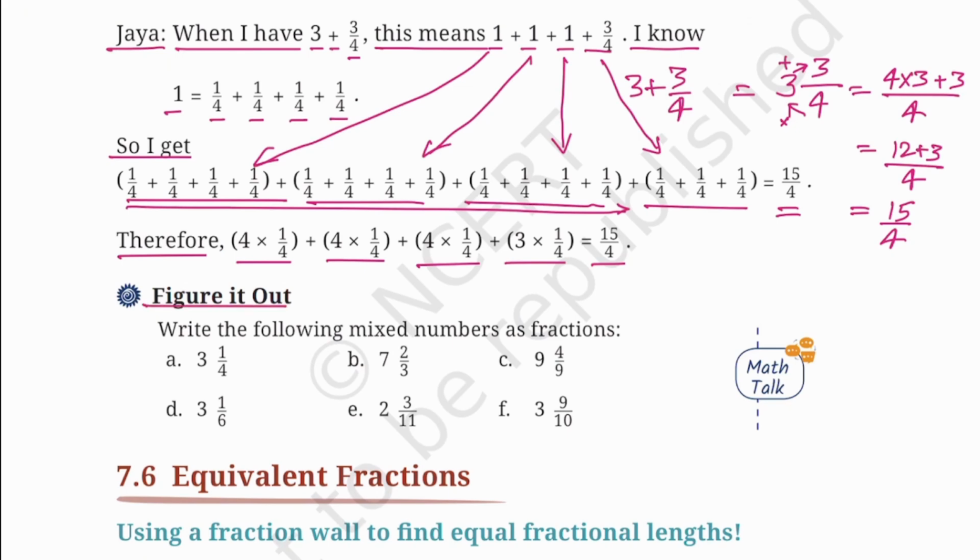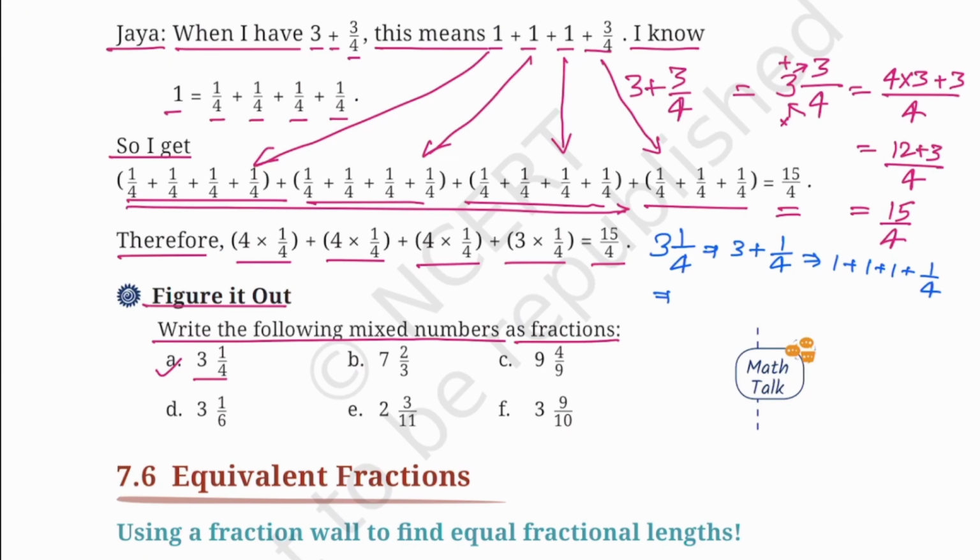Figure it out. Write the following mixed numbers as fractions. A. 3 whole 1 upon 4. 3 whole 1 upon 4 can be written as 3 plus 1 upon 4. This can be written as 1 plus 1 plus 1 plus 1 upon 4.